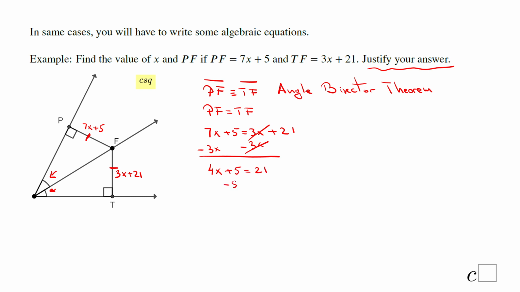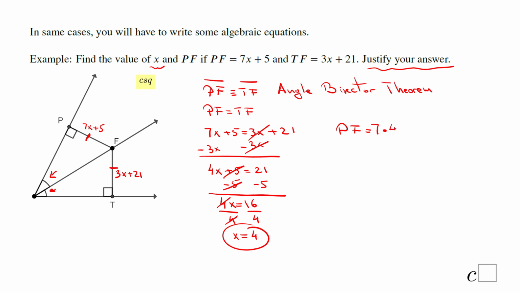Now I subtract 5 to get rid of the plus 5, so I have 4x equals 16, divided by 4, x equals 4. So we finished the first part, find the value of x. Now we need to find PF. PF is 7x plus 5, so 7 times 4 plus 5 is 28 plus 5, and that will be 33. That's how much PF is.